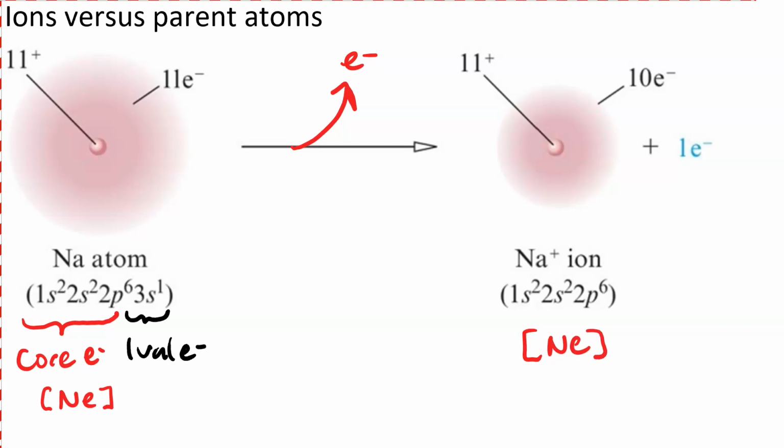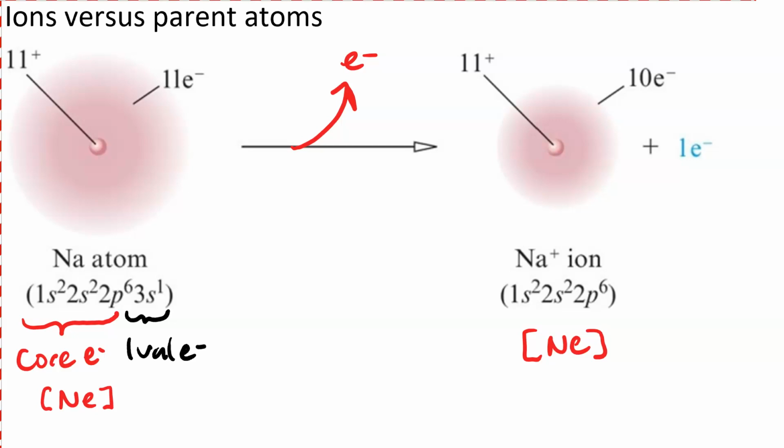When you compare the size of the sodium ion with the sodium atom, the sodium ion is smaller. Why is that? Both have 11 protons in the nucleus, so both are exerting a strong attractive force on their outermost electrons.